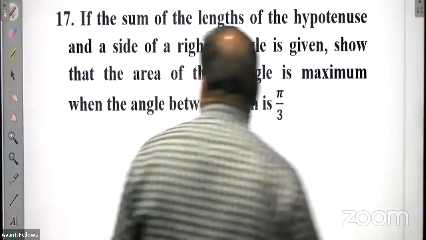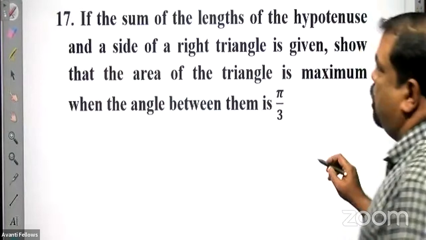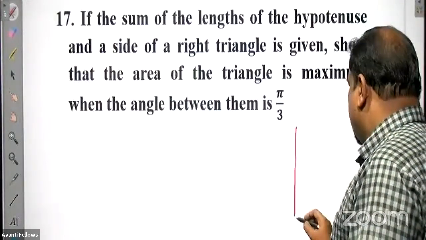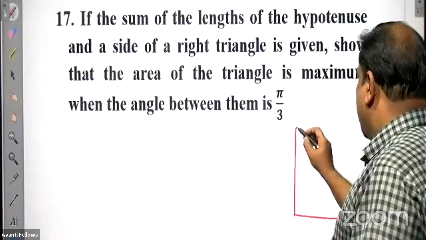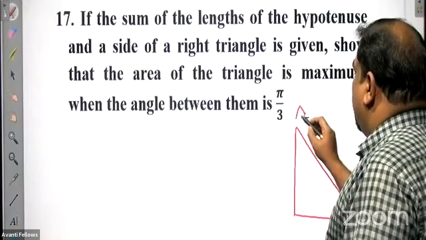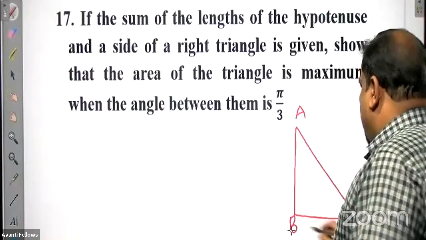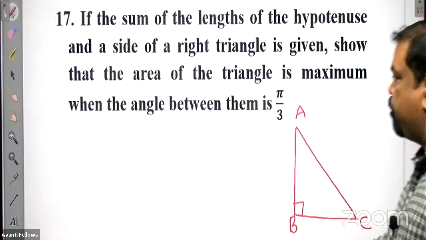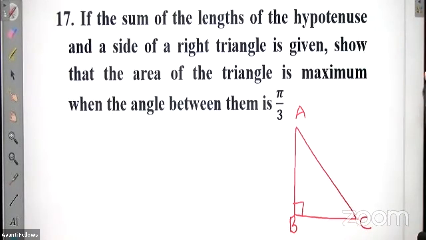So the question is like this. We have given a right angle triangle. Let the triangle be ABC, right angled at B. But what is given?